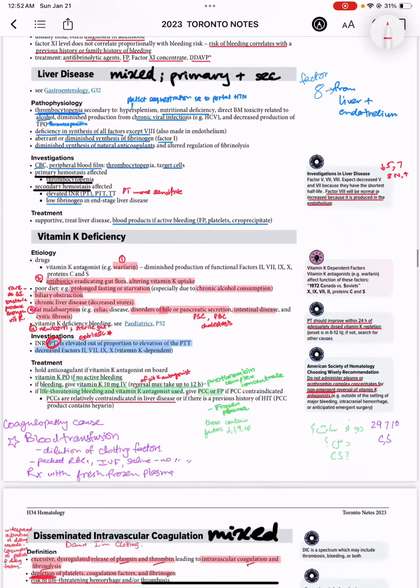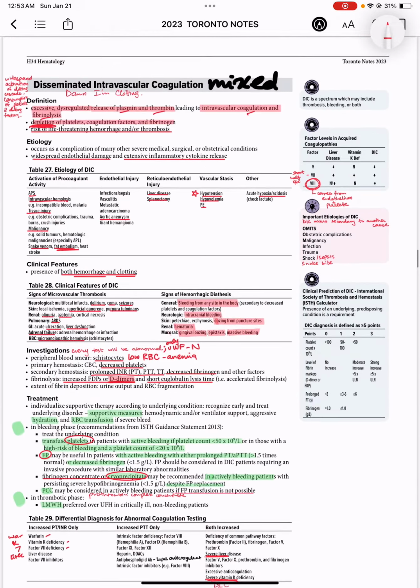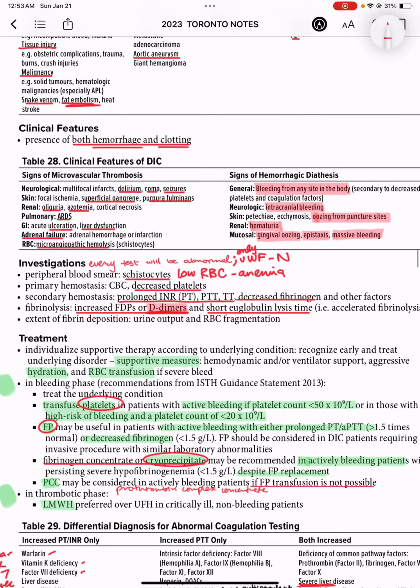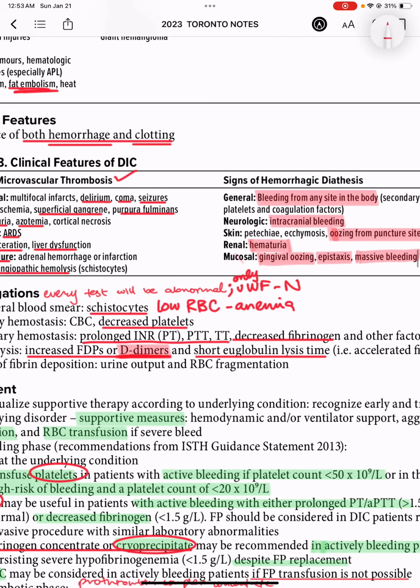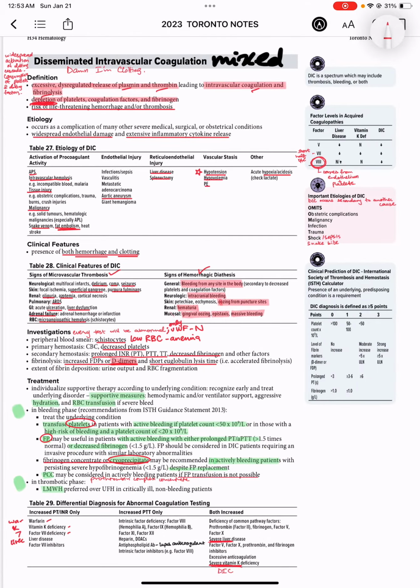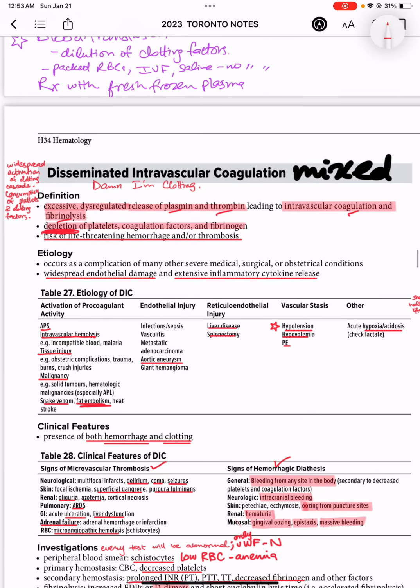We're going to read about DIC just after this so that we can compare both of them. So right here in DIC, there is thrombosis as well as hemorrhagic signs. So it's basically a combination. The definition says excessive dysregulated release of plasmin as well as thrombin. So thrombin would increase the intravascular coagulation and plasmin would increase the fibrinolysis.